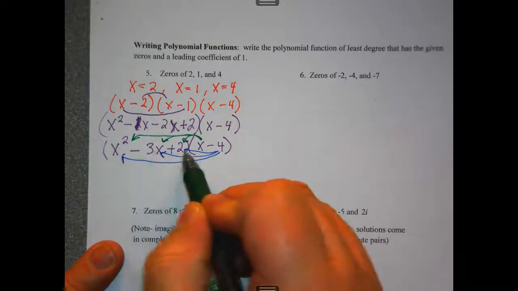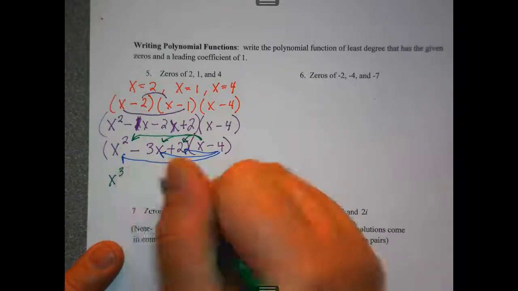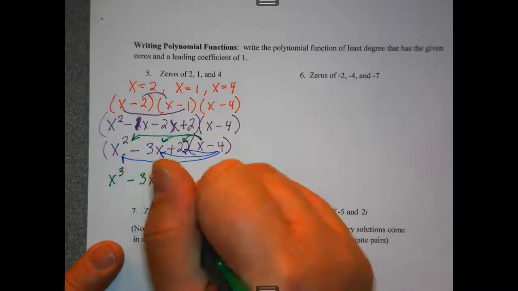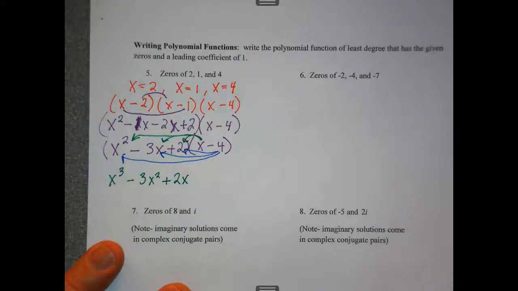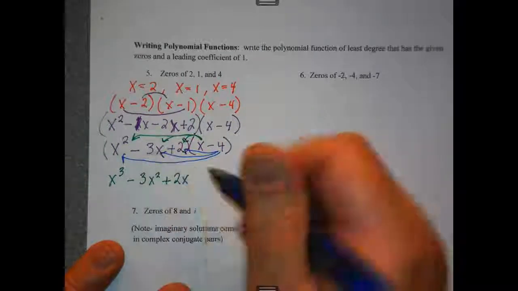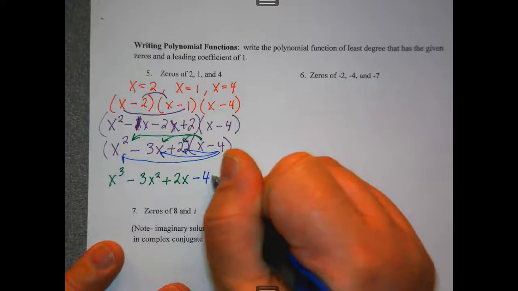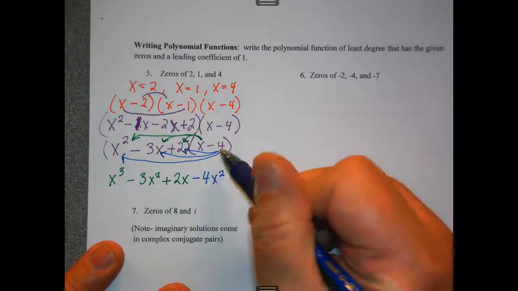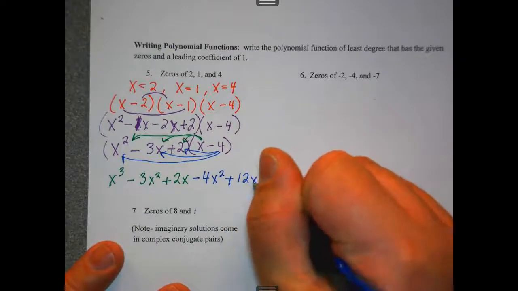We're just going to give every term another x. So I get x cubed minus 3x squared plus 2x. And then I have to multiply everything by negative 4 for the second term. Negative 4 times x squared, negative 4x squared, negative 4 times negative 3x, positive 12x, and then negative 8.